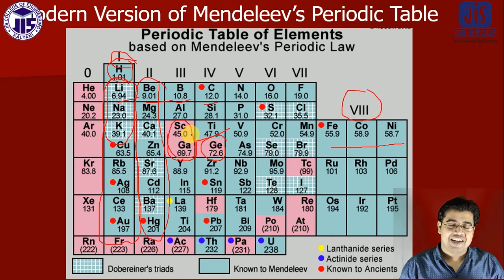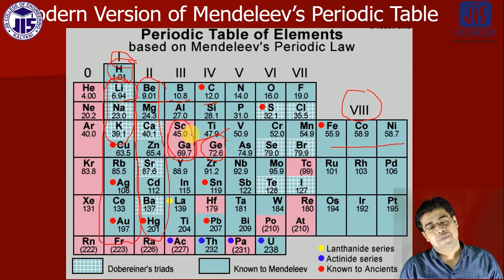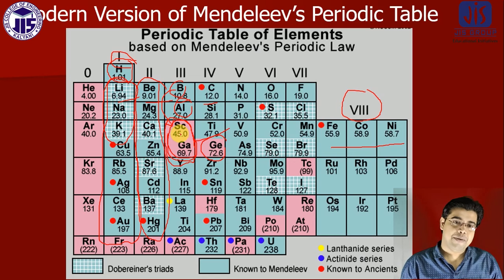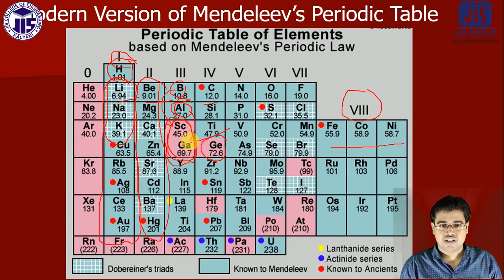So brilliantly Mendeleev made a vacant space in that area, and he gave the names of the elements as Eka boron and Eka aluminium. Further, Eka boron was discovered and named scandium, and Eka aluminium was discovered and named gallium.